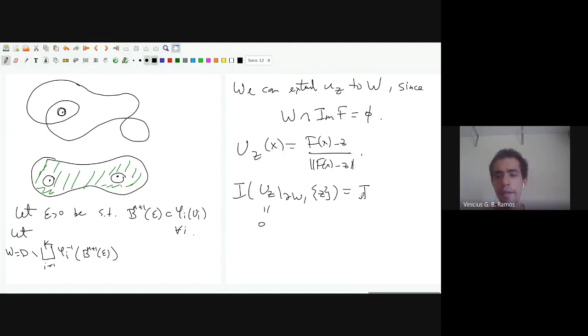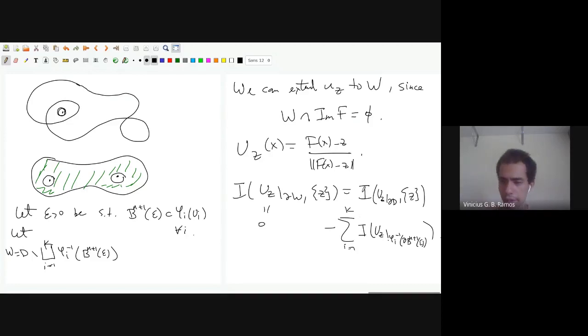So this is the intersection of u on the boundary of D with z, minus the sum of the intersection of uz restricted to phi inverse of the boundary of the ball of radius epsilon, from i equals 1 to k.